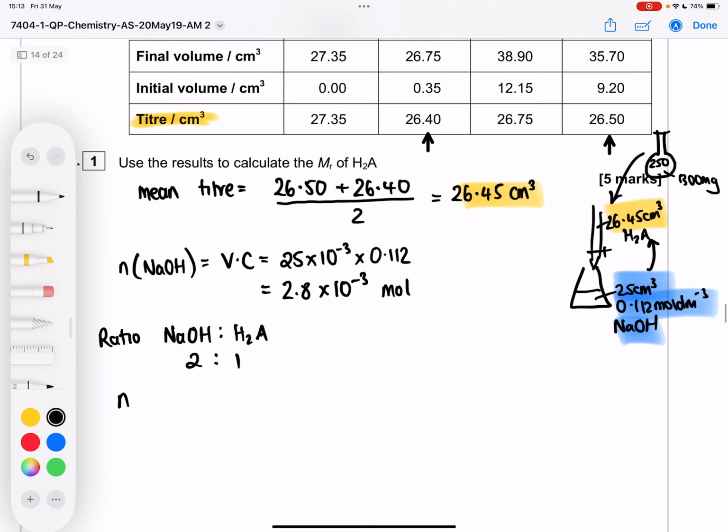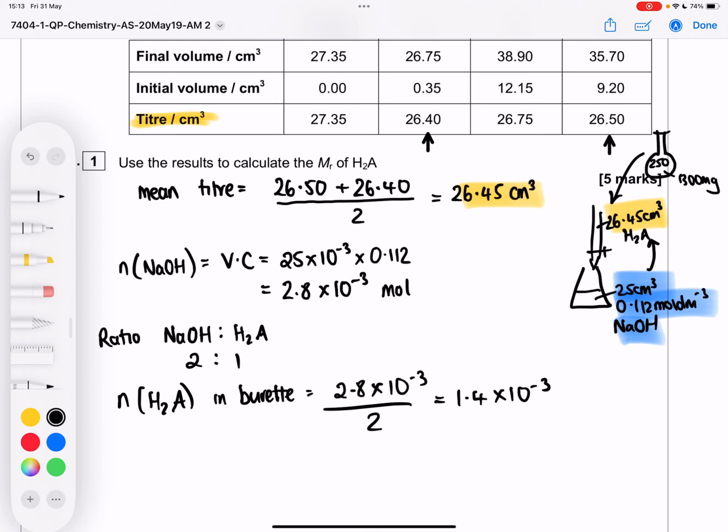So the number of moles of H2A used from the burette is going to be 2.8 times 10 to the minus 3 divided by 2. So take your answer on your calculator, divide by 2: 1.4 times 10 to the minus 3.